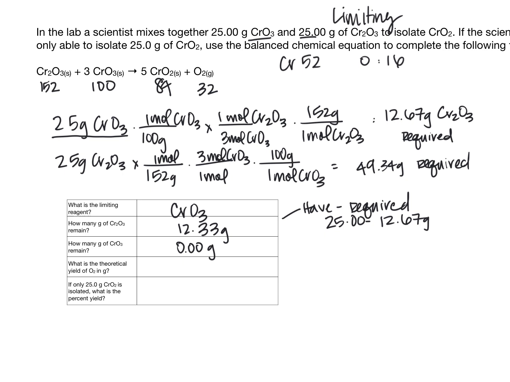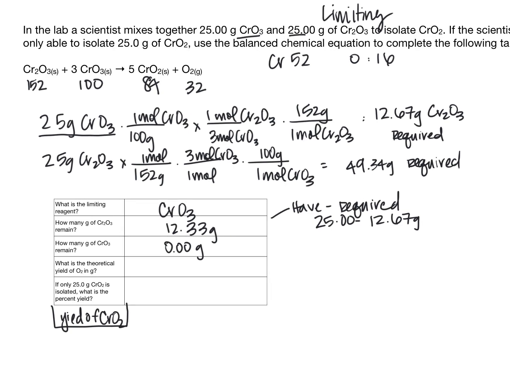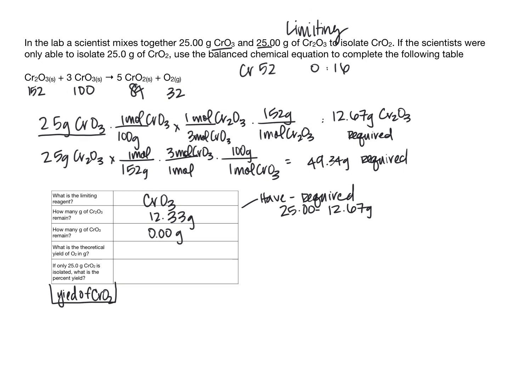Now we're going to calculate the theoretical yield of oxygen. We are also going to add in another box for the yield of CrO2, since we will need that in the last part for the percent yield. To calculate the amount produced, we're going to take our limiting reactant of 25.00 grams of CrO3, divide that by 100 grams in 1 mole.